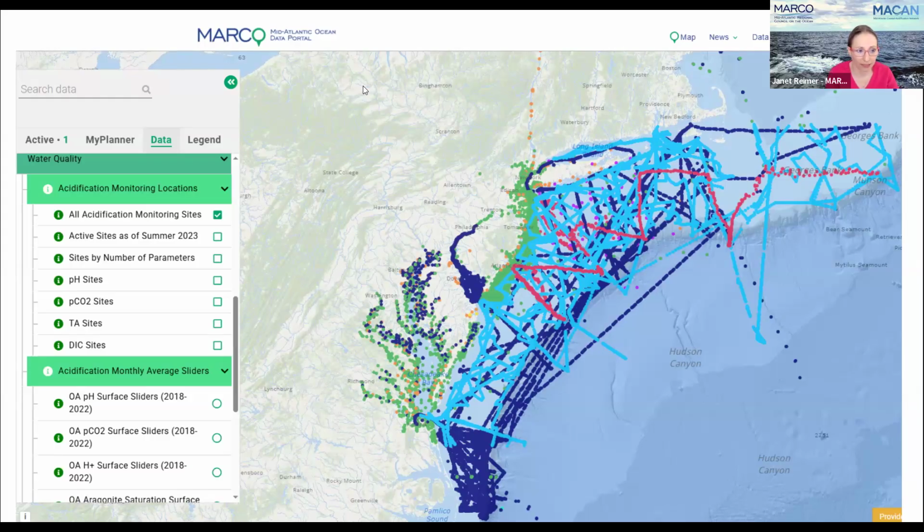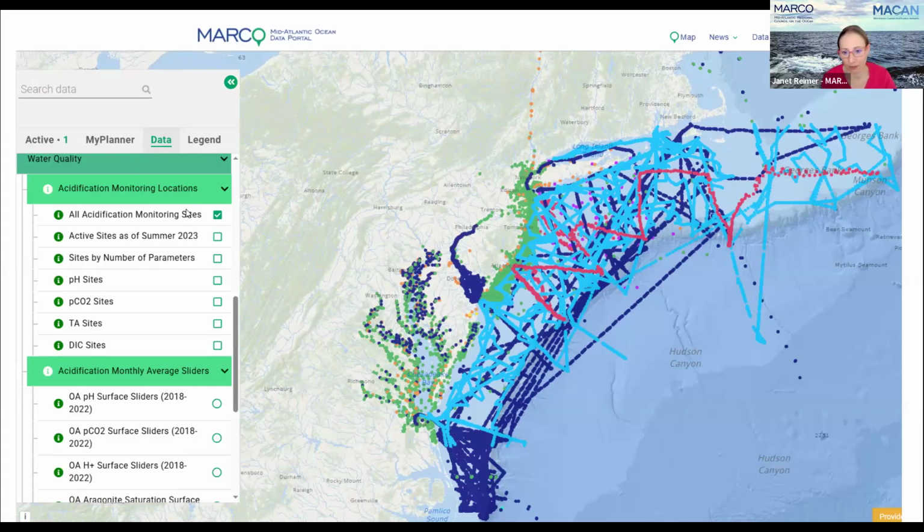You can see up at the top here, I did select all acidification monitoring sites. What the legend would tell you is that there are 4 different types of samples that were collected here.